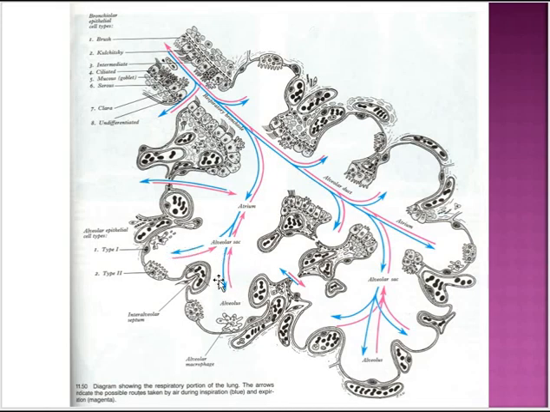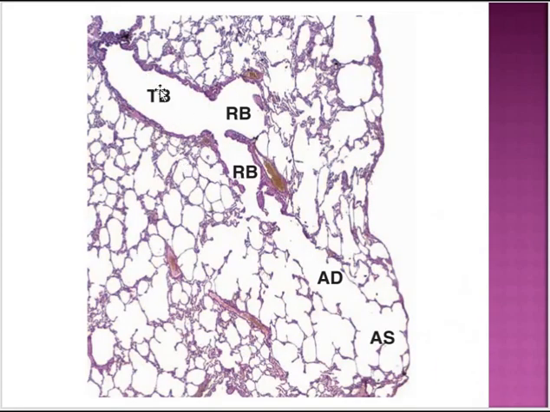So what are the alveoli? Let's look here. The alveoli are small air spaces lined by two types of cells, and we will look at these structures on the next illustrations. For example, terminal bronchioles here, respiratory bronchiole, and alveolar duct, which lead to alveolar sacs, and here in the walls we can see the many alveoli.